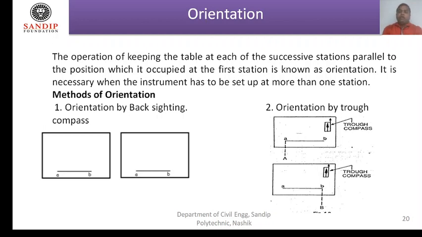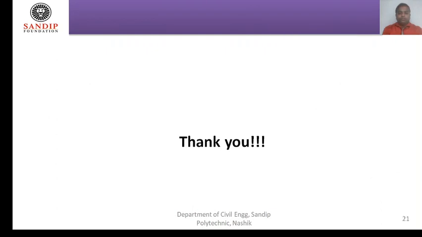Then we observe whether the needle is showing zero scale or not. If the needle is not showing zero scale, then we have to rotate the plane table about the vertical axis in the horizontal plane till we get exact zero scale of the trough compass. This is called orientation.